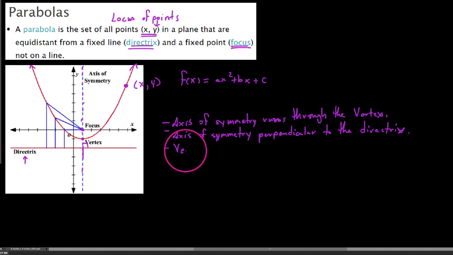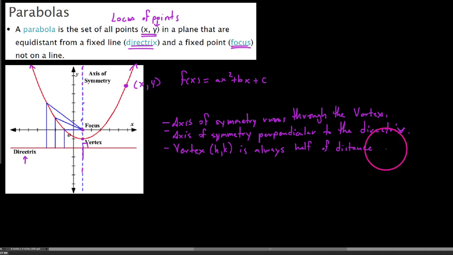So we'd say the vertex, which we're going to see as h, k, is always half of the distance between the directrix and focus.